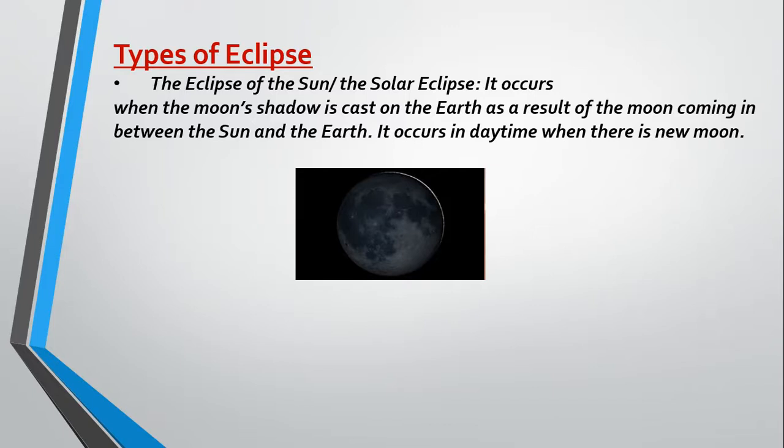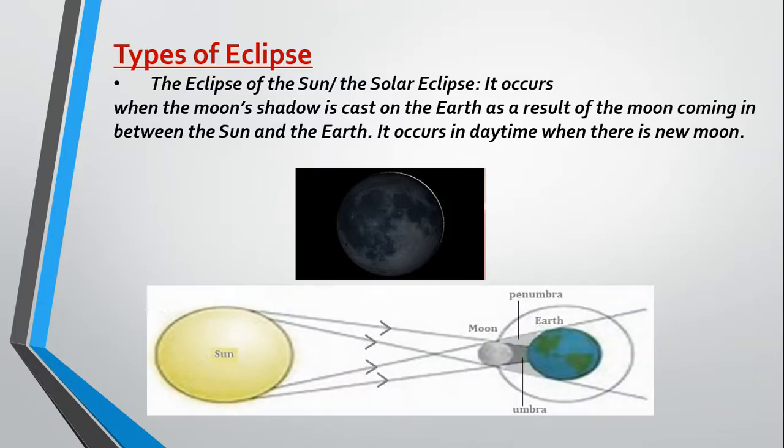Now let's look at the diagram of eclipse of the sun to understand the definition better. Eclipse of the sun occurs when the moon's shadow is cast on the earth as a result of the moon coming in between the sun and the earth.